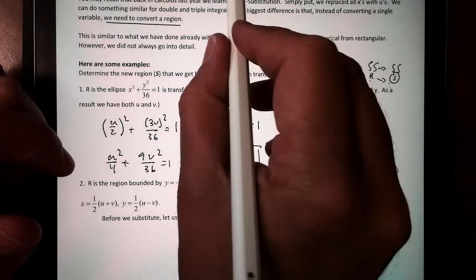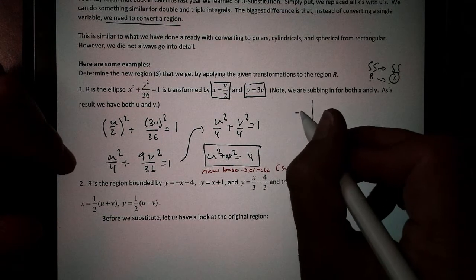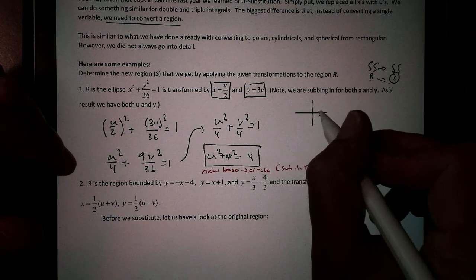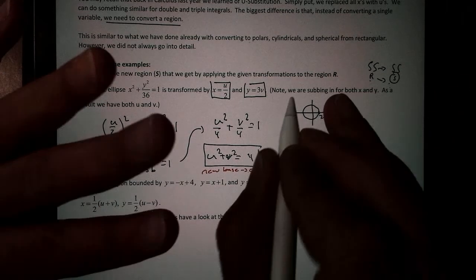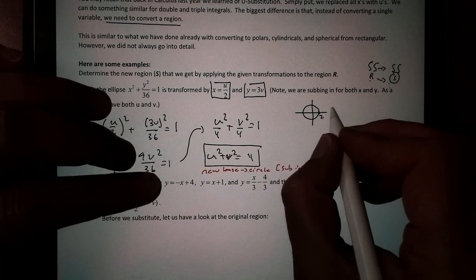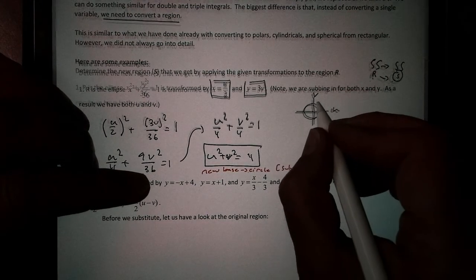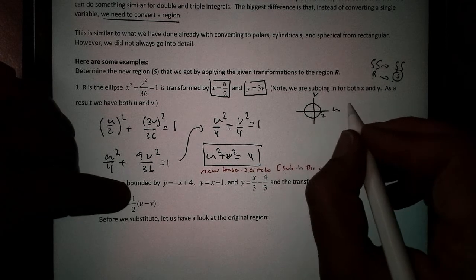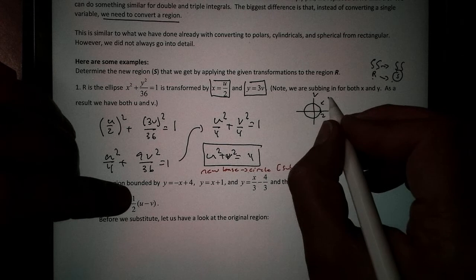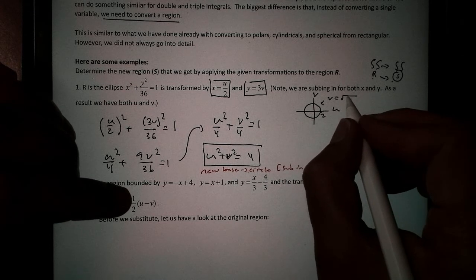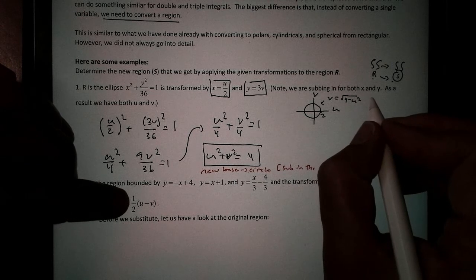So let's see what that would look like then. Why we like this? Well, if I graph the circle, it has a radius of 2, and I can go all the way around. Remember, we're in terms of u and v right now, so we're going to let u be our x again, and v be our y. If I write the equation of the circle, it's going to be v equals the square root of 4 minus u squared.